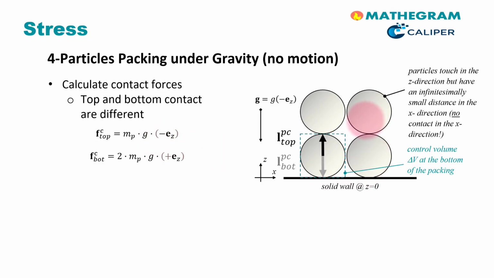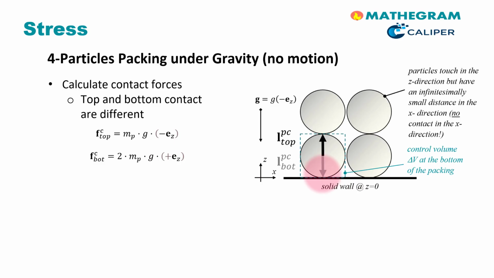It is simply pointing downwards from the top contact point, of course. Since particles don't move, we can exploit the relation of a force equilibrium in the z direction for this particle here. This unveils that the bottom contact force is 2 times the particle mass times gravity times the positive z direction vector e_z. So this force is acting upwards on the particle.